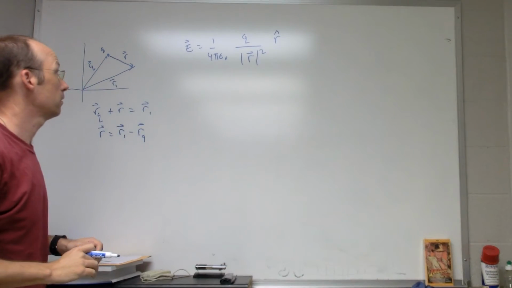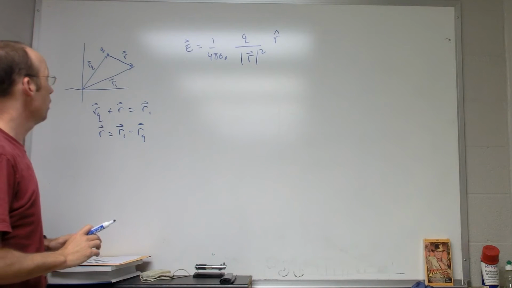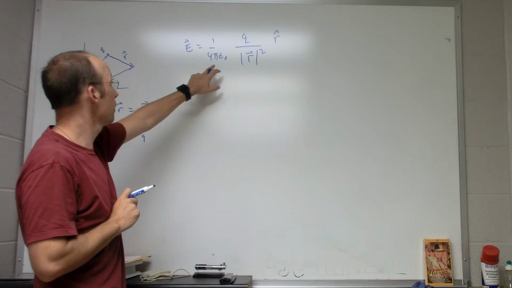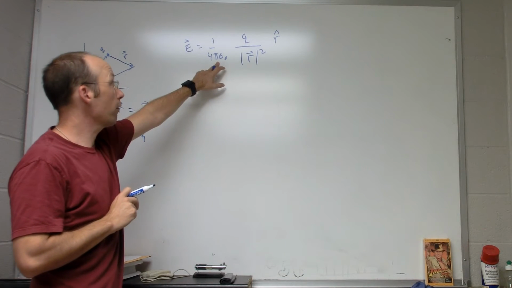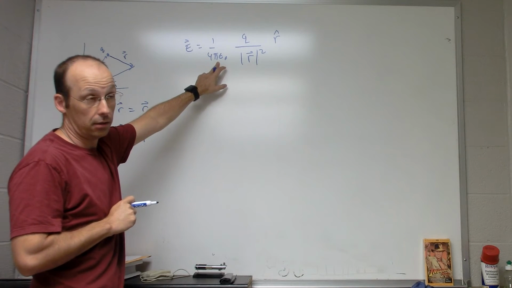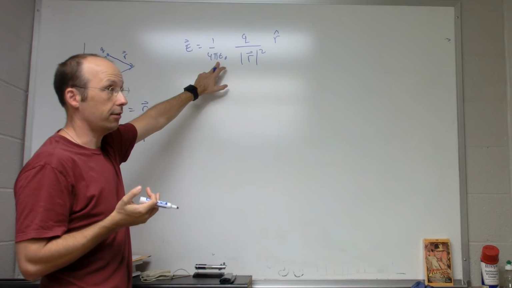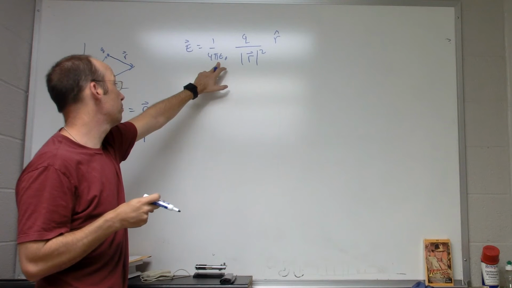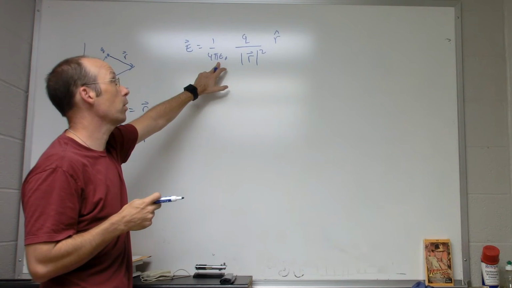That says that the electric field at this point is equal to 1 over 4 pi epsilon naught, which is a constant. This is the electric constant. It has a value of 9 times 10 to the 9th newton meter squared per coulomb squared.